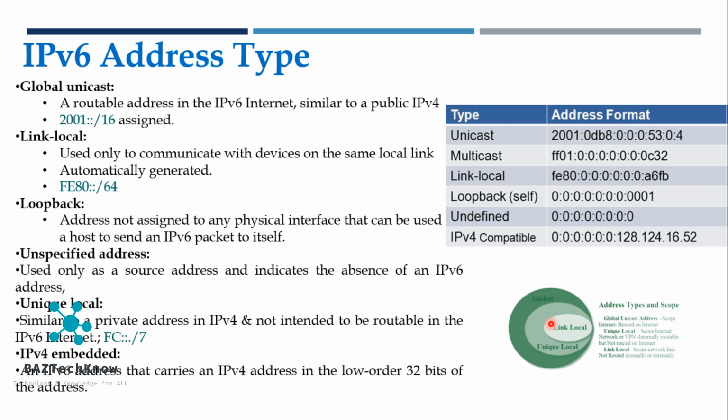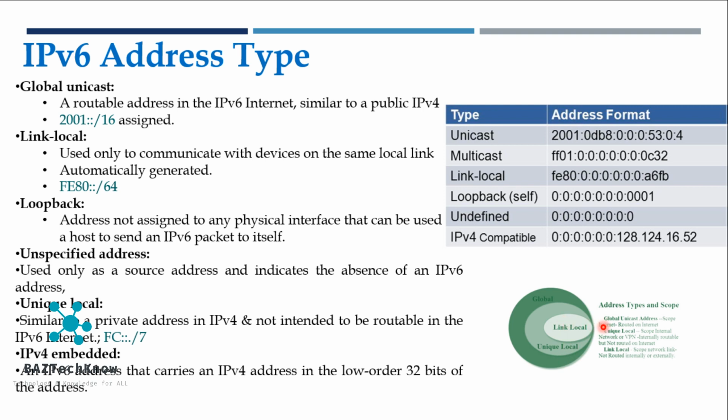And then a unique address, unique local. Unique local is like the private address of IPv4, and it starts with FC, and then going on. So if I describe it in a chart, global unicast is the address which is available to the internet, then a unique local which is available to you and your peer, and link local is only site to you, and then of course a loopback address.